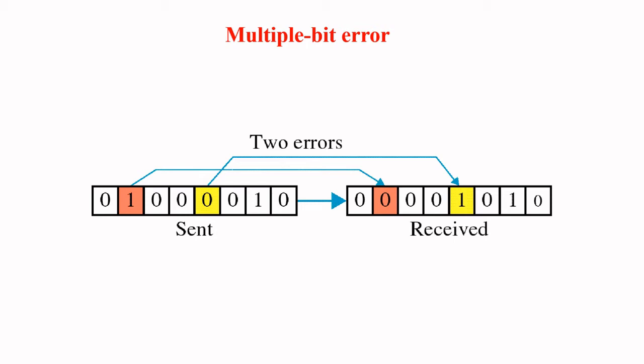And the fifth bit, 0 is sent, and in spite of 0, it is changed to 1 and 1 is received. So if there are two digits which are changed during the transmission and they are not contiguous, not continuous, this type of error is known as multiple bit error.